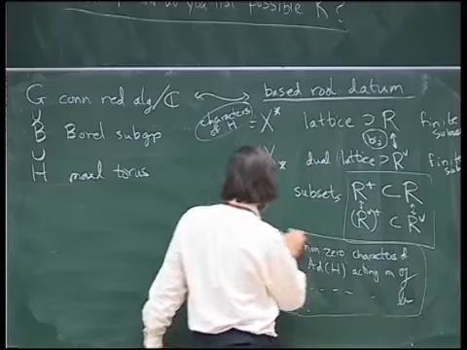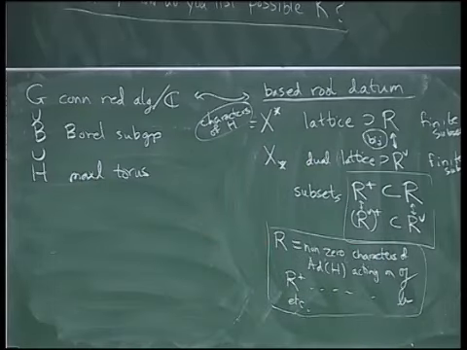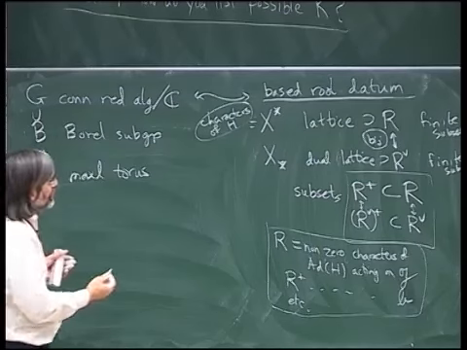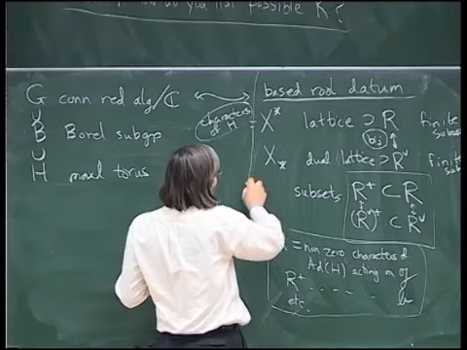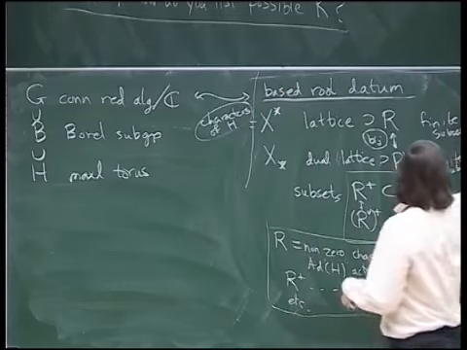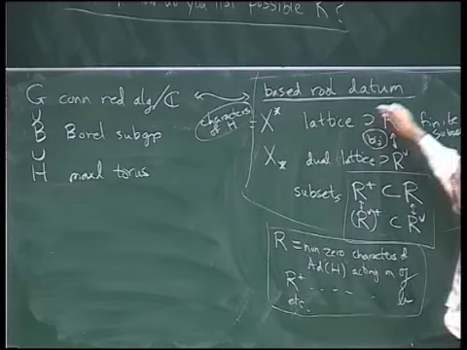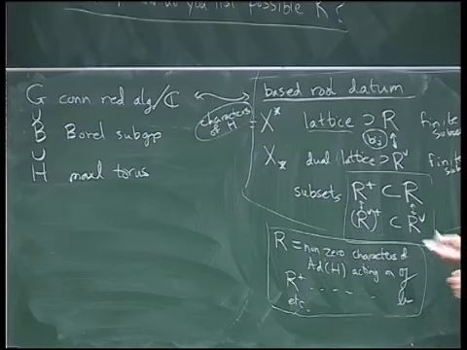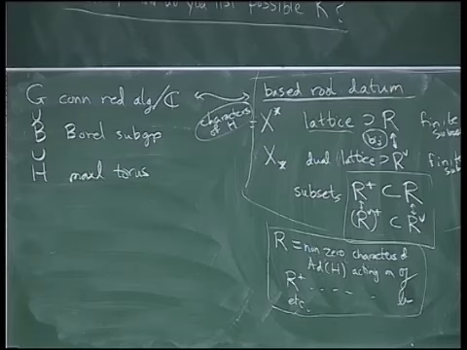You probably know how this all works. So the point is that this information over here is wonderful computer information. I mean, lattices are nice to put into computers. An element of a lattice is a string of integers. You can put it in your computer without fear of contradiction.